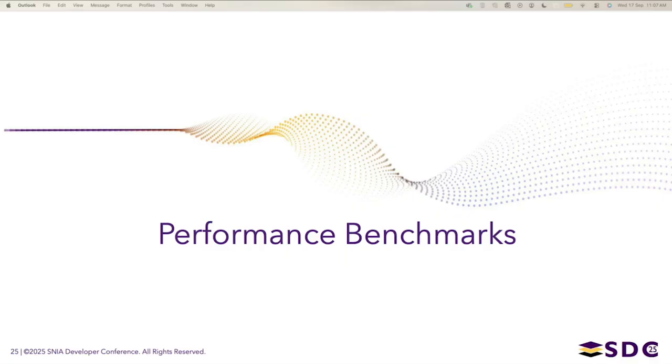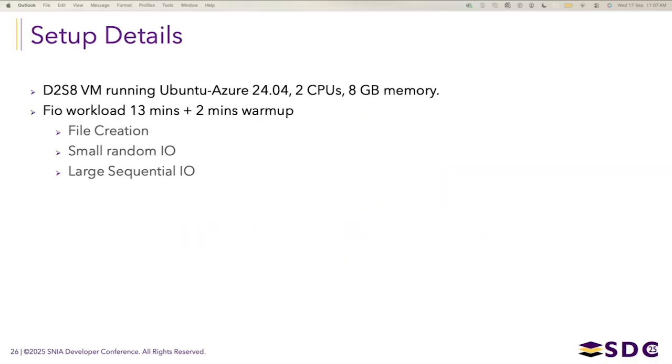So here are some performance benchmarks. We ran these experiments on a D2S8 Azure VM, 2 CPUs, 8 GB of memory. The FIO workload was a 15-minute workload, which included file creation, small random I/O, and large sequential I/O.